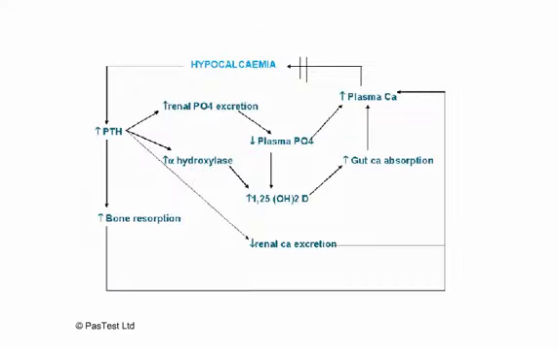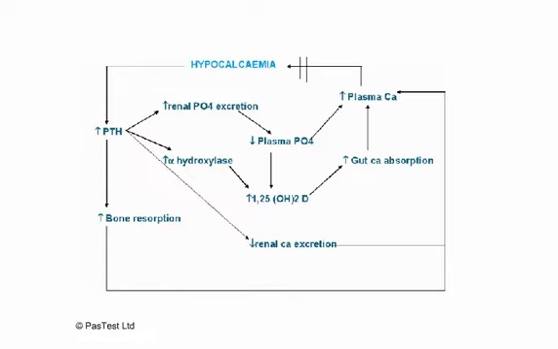This is a slide of the effects of hypocalcemia. When calcium levels dip, parathyroid hormone levels go up, which in turn activate 1-alpha hydroxylation of vitamin D, which in turn will lead to further absorption of calcium in the diet, thereby stabilizing plasma calcium.